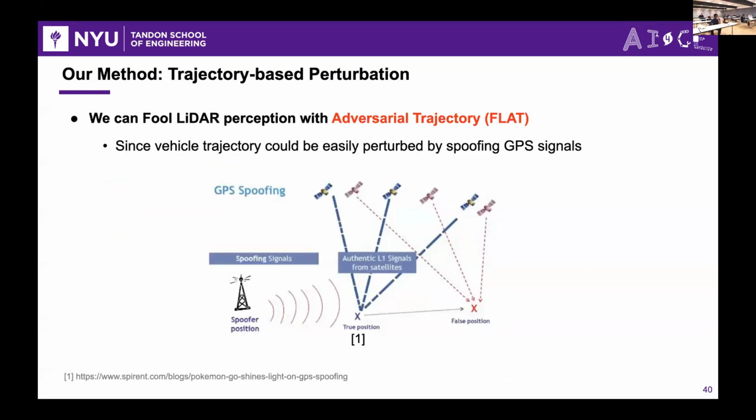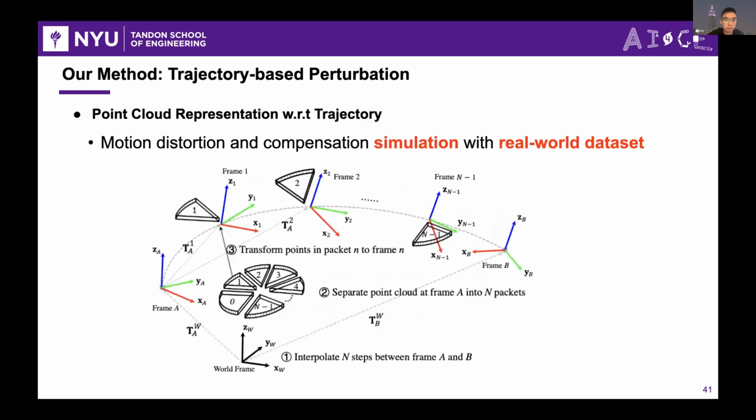So instead of manipulating each point coordinate, we try to manipulate the whole trajectory of the self-driving car in order to achieve the adversarial attack against LiDAR-based perception systems, because the vehicle trajectory could be easily perturbed by spoofing GPS signals.